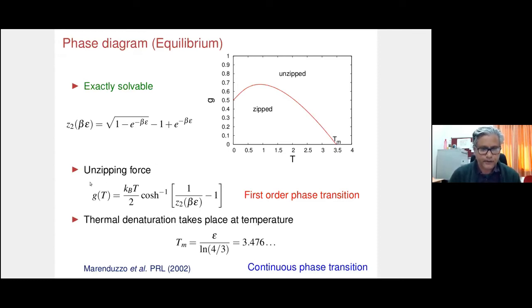Using these techniques, it was found that the force-temperature phase diagram is given by this particular expression, and it is a first order phase transition. In this model, the thermal melting, where the force is 0, is given by this particular expression, and it is a continuous phase transition.